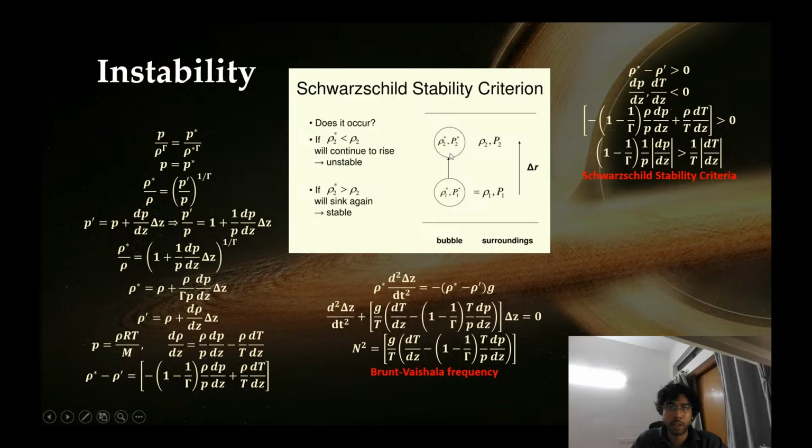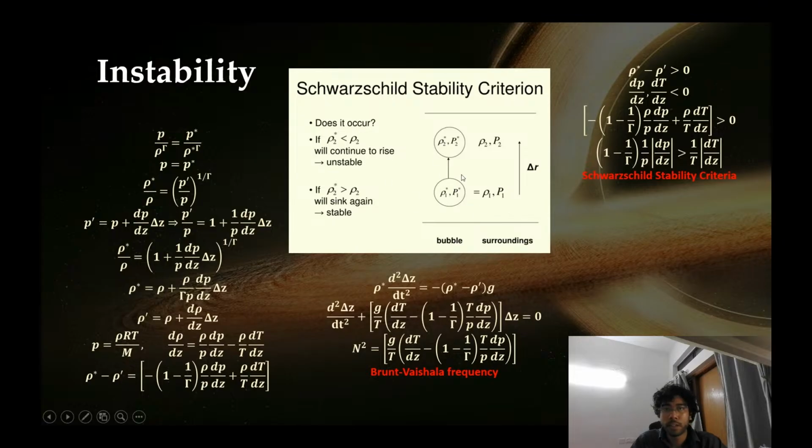So if you displace this bubble over here, what will it do? It will go up and then sink down, and then it will oscillate about the initial point. That will happen only if the system is in a stable condition, like this criteria is satisfied. If this criteria is not satisfied, then this will keep on rising forever, right?